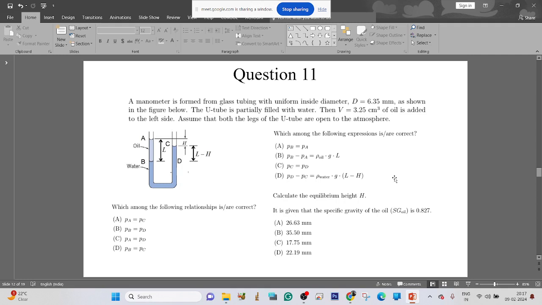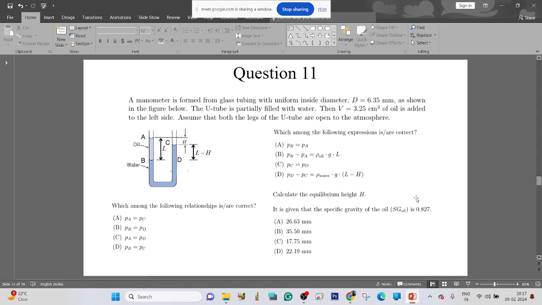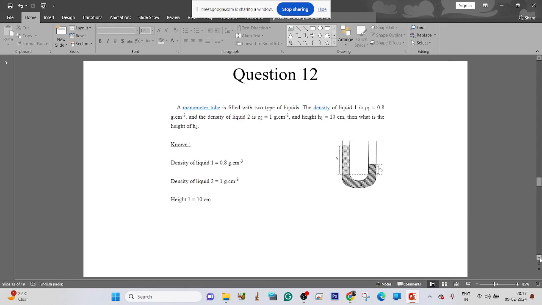So 102.62 minus 0.827 into 102.62 upon 1. So this will come out to be 17.75 mm. So this is option C. So this question is done. Let's proceed to the next question.